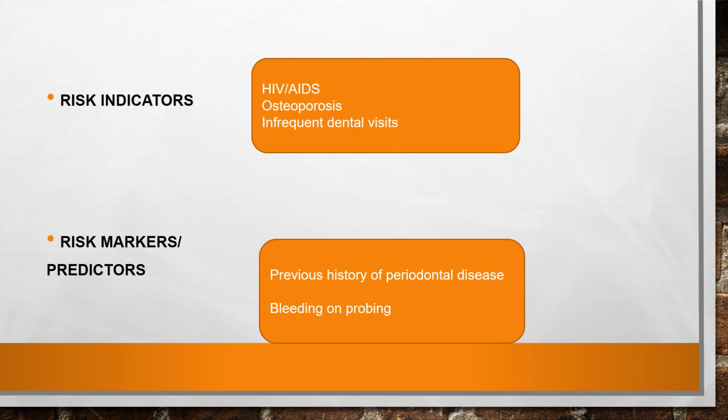For example, a previous history of periodontal disease will lead to recurrence of the disease if it is not treated or followed up properly. Also bleeding on probing: the presence of bleeding on probing is not a true indicator of disease, but the absence of bleeding on probing determines periodontal health.